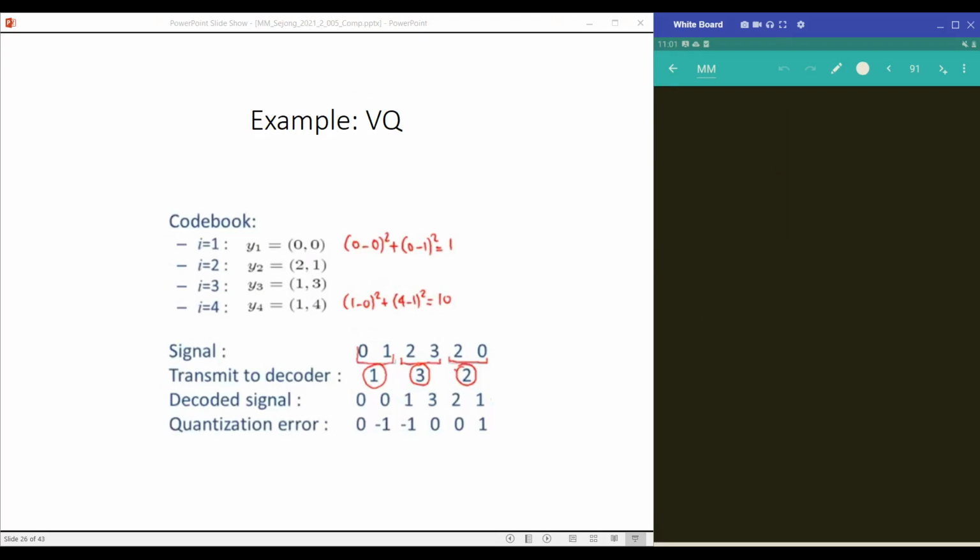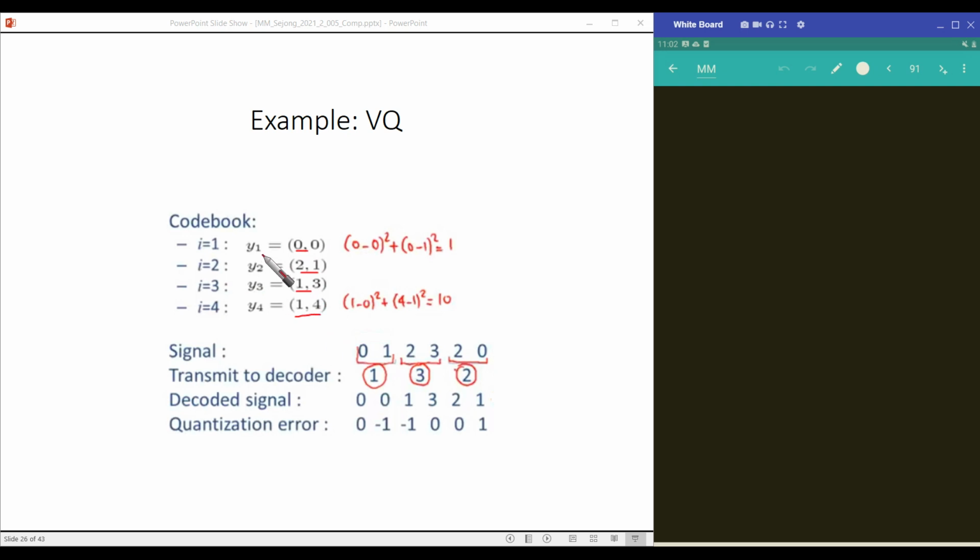So in this example, let's say we have four vectors. The first vector is 0 0, the second vector is 2 1, the third vector is 1 3, and the fourth vector is 1 4. We can also say this is the first code word, the second code word, the third code word, and the fourth code word.